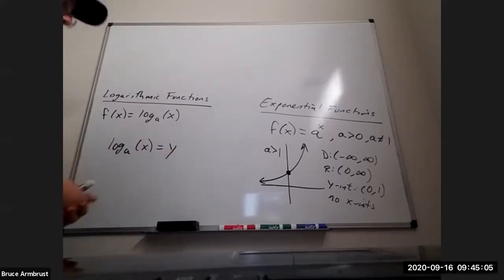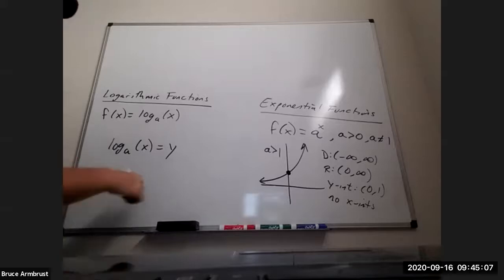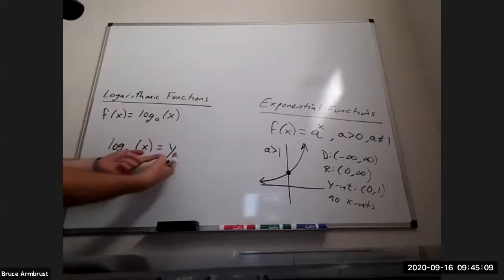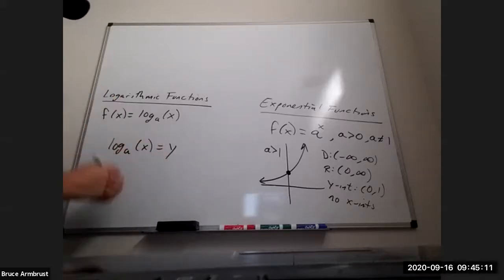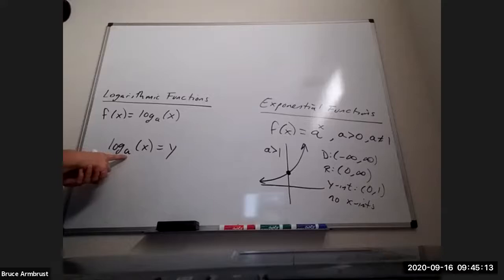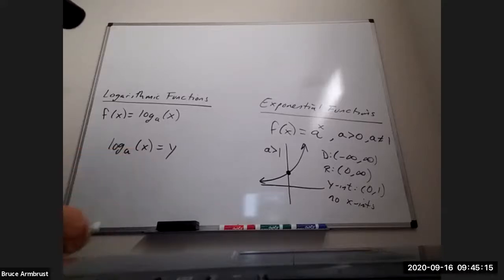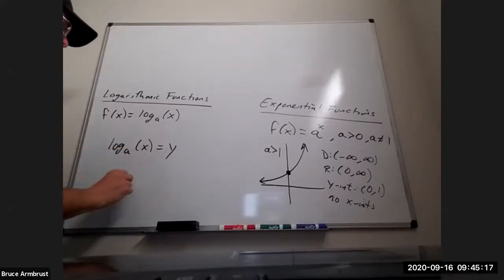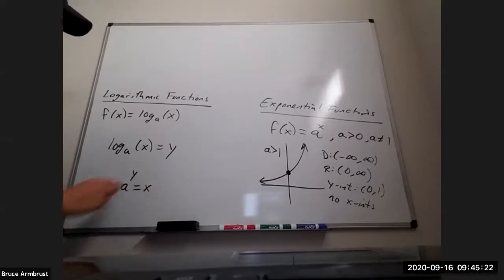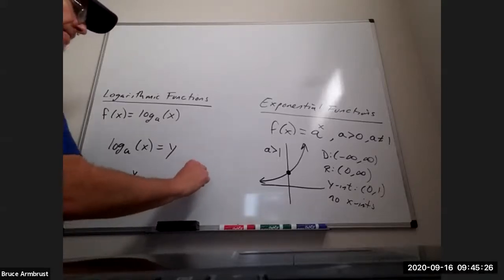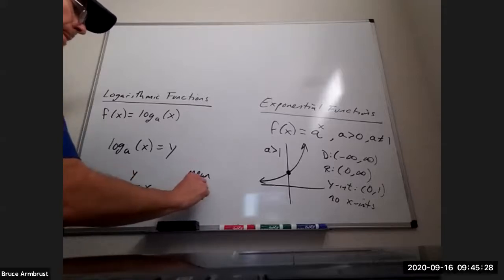So again, remember what I told you is that this y is really the exponent that we would put on a to get x. So this is equivalent to a to the y equals x. Okay, so these mean the same thing.